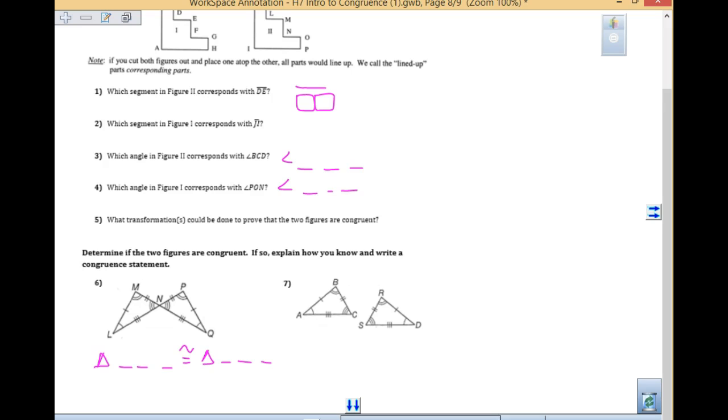If someone starts the first triangle with M and someone else starts it with L and someone else starts it with N, it doesn't matter, right? You can choose which one you start with. It's just that then your answer over here has to match in the same order. What makes 2 things congruent? What was the definition that they said? Same size, same shape. The sides need to be the same, so you need to tell me about it, because it says, explain how you know they are congruent. So the explanation is something to do with the sides and the angles, so make sure you're explaining that.